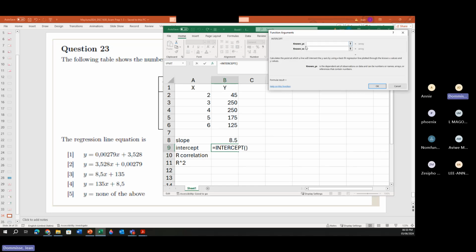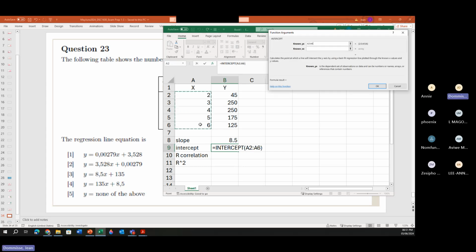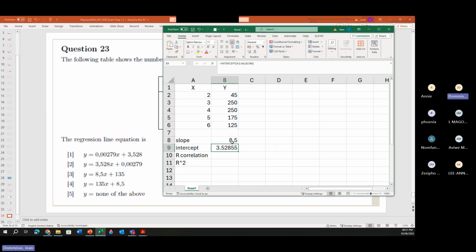So let's do it that way now. I'm going to switch it around, and I can just show you the impact on the answer. Suddenly you see, because I swapped it around, we get an intercept of 3,528. So just because I used it the wrong way around, you actually got one of the answers.